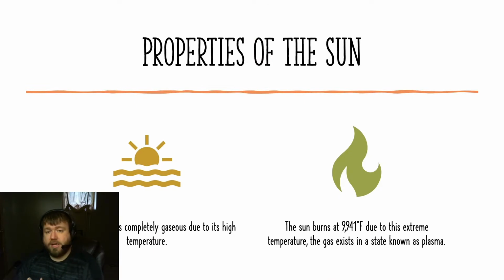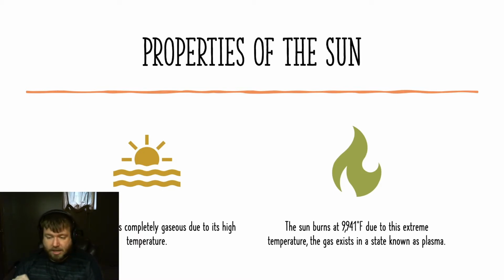Okay, so we're going to get into some properties of the Sun. The Sun's interior is completely gaseous due to its high temperature, meaning that it is made up entirely of gas. The Sun burns at 9,941 degrees Fahrenheit, so roughly about the same temperature as my classroom. Due to this extreme temperature, the gas that makes up the Sun exists in a state known as plasma.